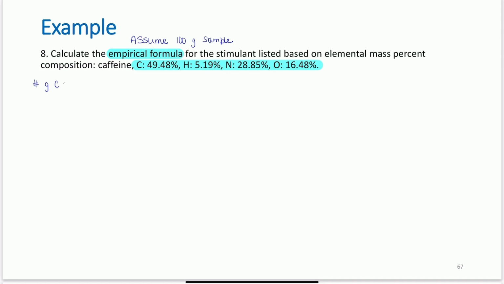Number of grams of carbon, 49.48 grams carbon. Convert to moles of carbon. Gives me 4.120 moles of carbon.